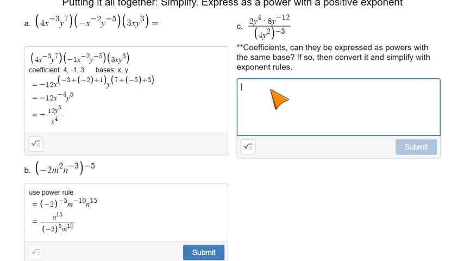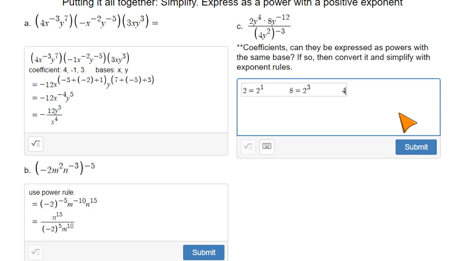So 2, 8, and 4 are our coefficients. We can simplify it the same way we did here, but because I notice that all of these are part of a power with a base 2, I can convert it and then simplify it using our exponent rules. So 2 is equal to 2 to the power of 1. 8 is equal to 2 to the power of 3.